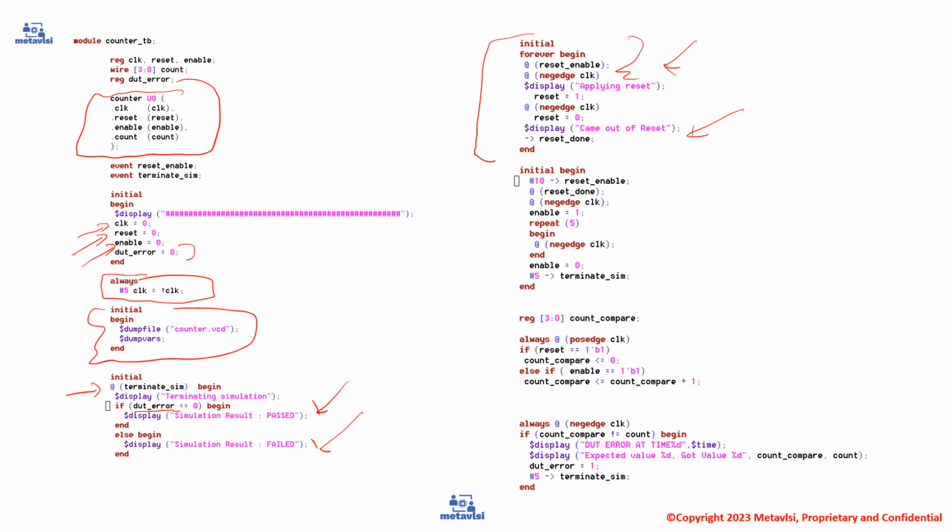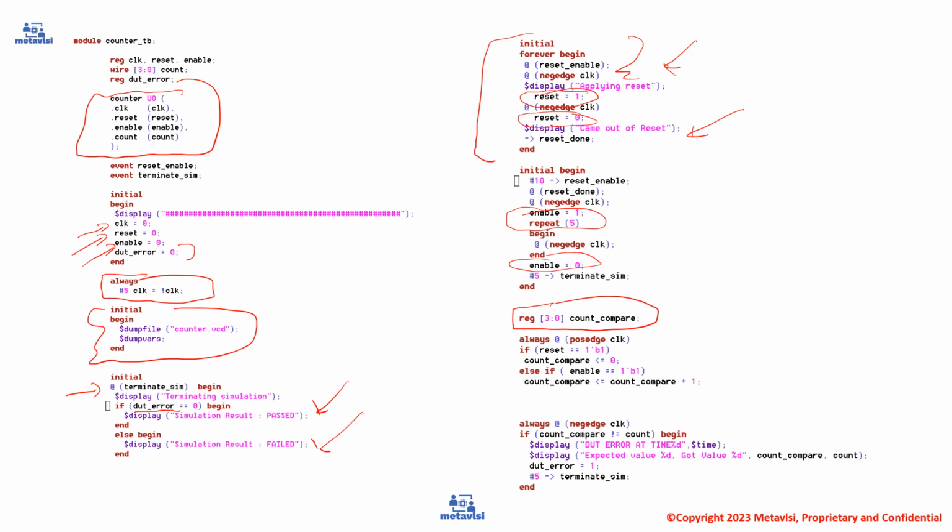Applying reset, since it's active high, means changing reset to 1, and coming out of reset means changing reset to 0. And then we are also changing enable to 1, and then to 0. We are making sure that when enable is 1, the count will increase, and when enable is 0, the count will not increase.